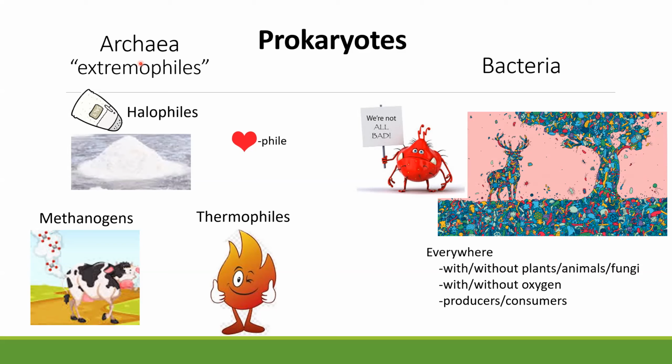So we're going to begin with prokaryotes. And in this lab, we're actually only going to be discussing bacteria, but I still want to introduce the archaea. So archaea, essentially, live in very extreme conditions, and they are classified as methanogens, thermophiles, or halophiles. So phile meaning loving.